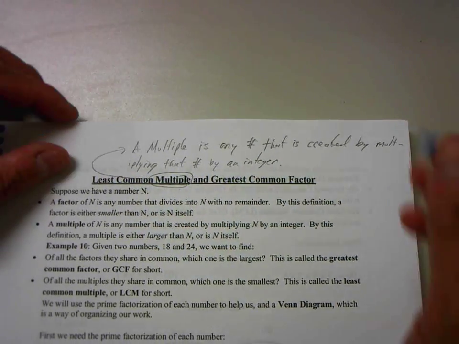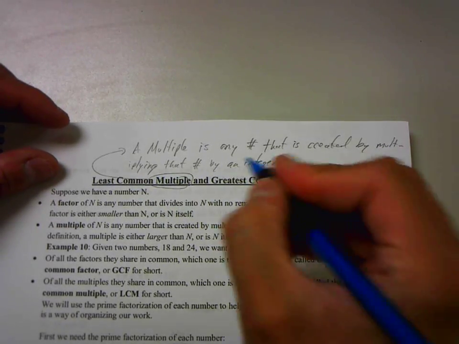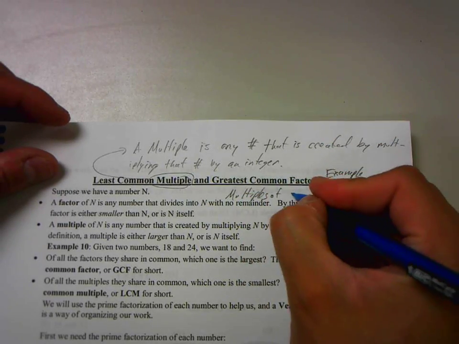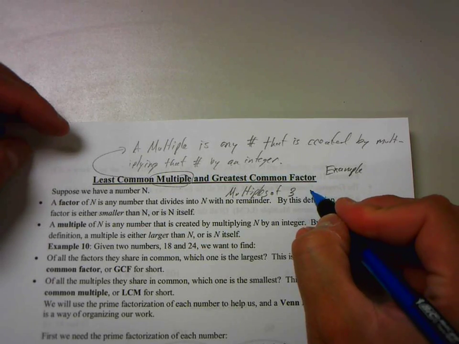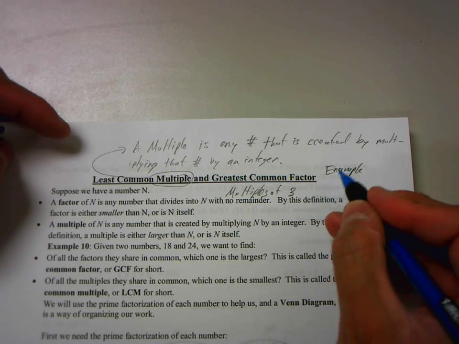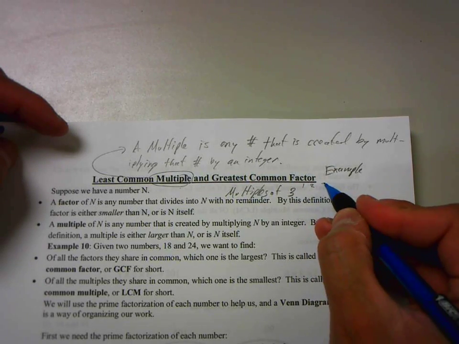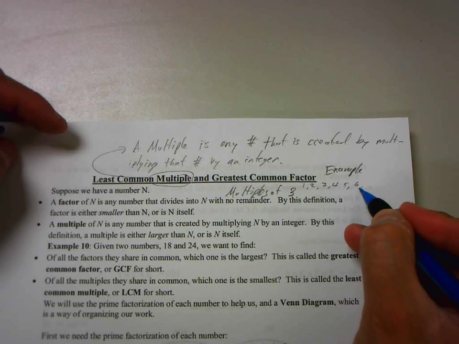So I'm going to do the multiples of 3. And so what you do here is very simple. You go ahead and first you want to set up the natural numbers. So above 3, write 1, 2, 3, 4, 5, 6, dot, dot, dot.